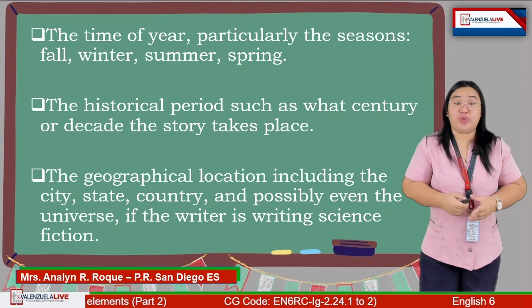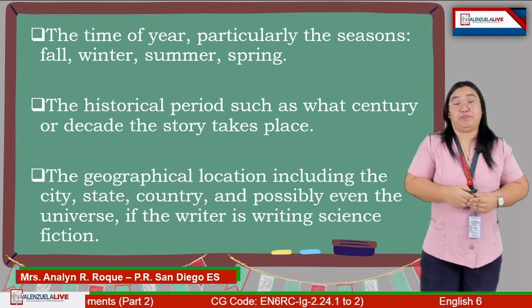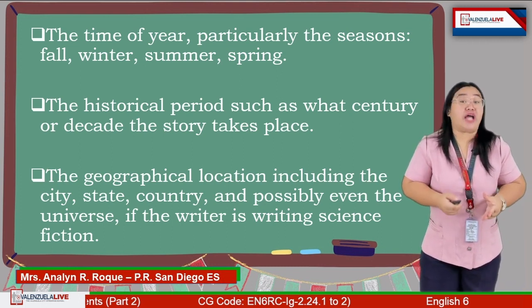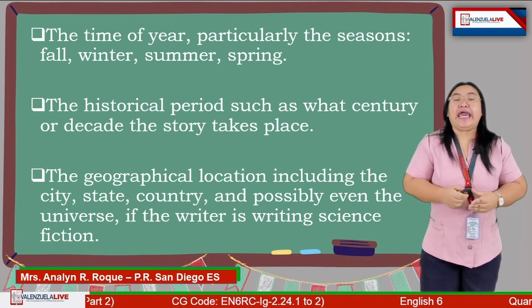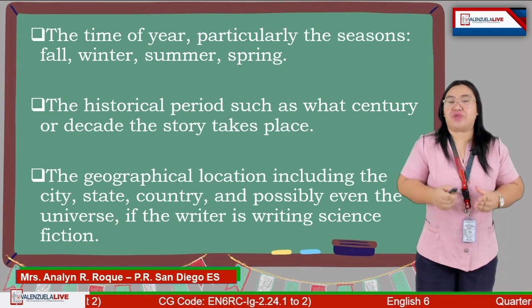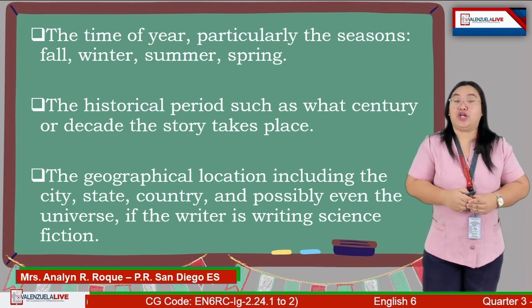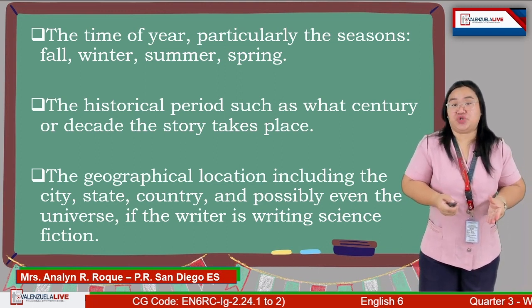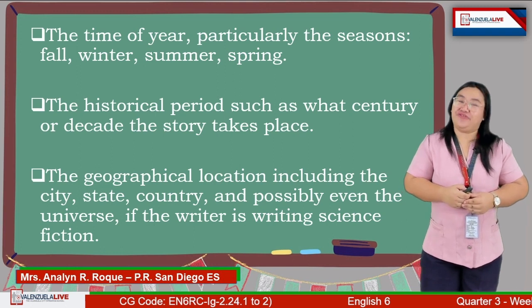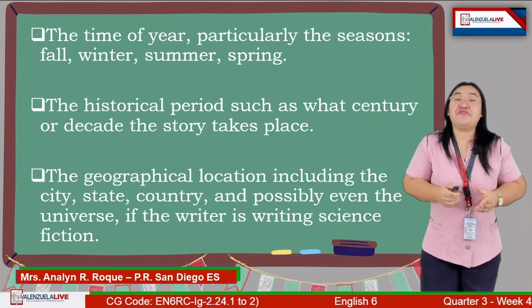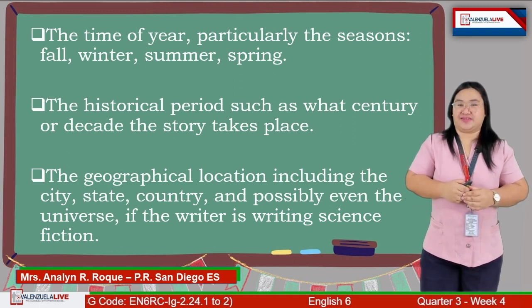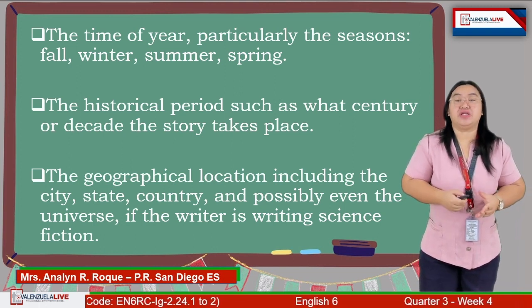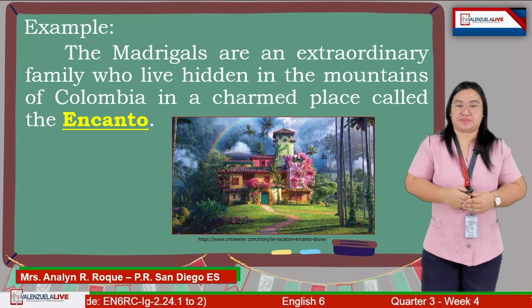And then, of course, we also have the historical period, such as what century or decade the story takes place. Included also are the geographical locations, including the city, state, country, and possibly even the universe, if the writer is writing science fiction.